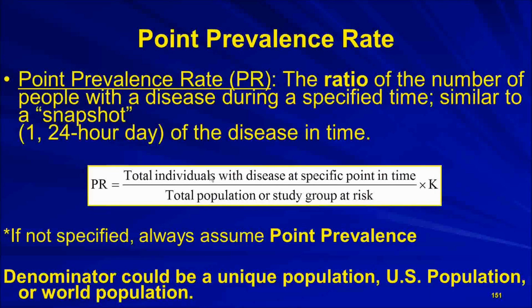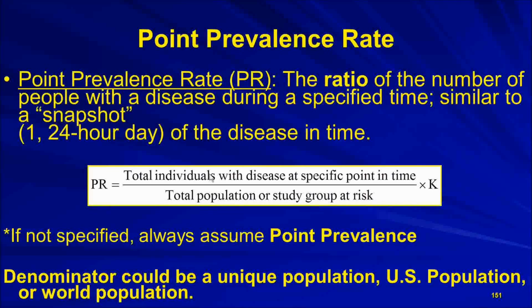That's a specific point. I could want it on July 15th. That's a 24-hour period at a given point. So I could want it for any day, and that would include 24 hours. I want you to keep that in mind. And again, if it's not specified, it's always point prevalence.